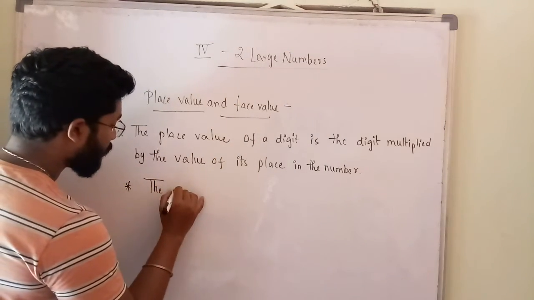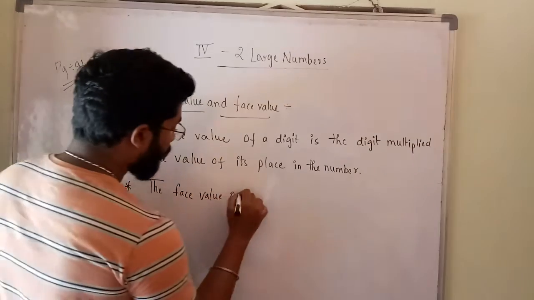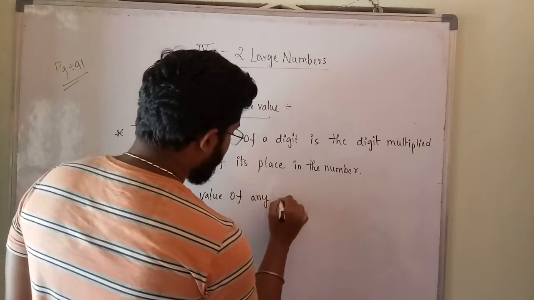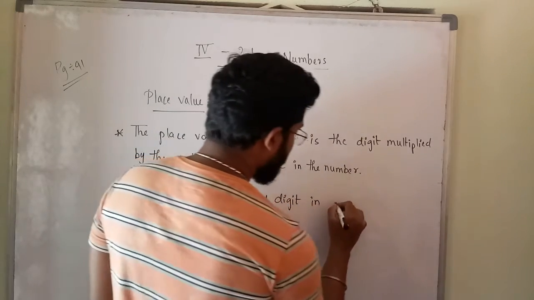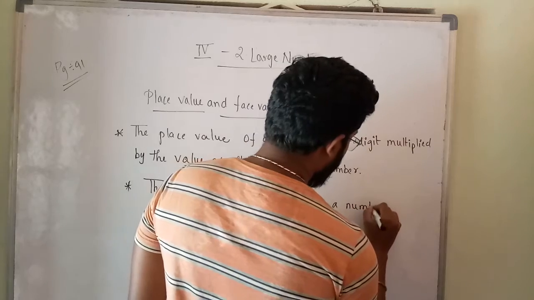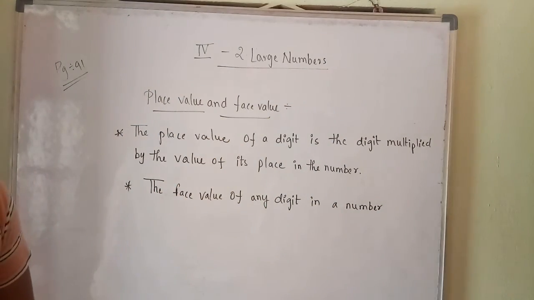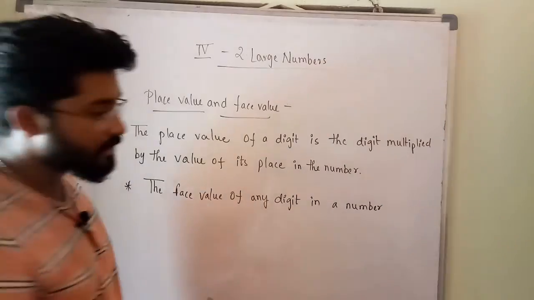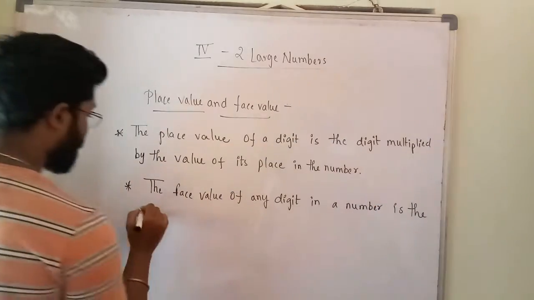Okay, so this is one point, and the next point is the face value. The face value of any digit in a number is the value of the digit itself.